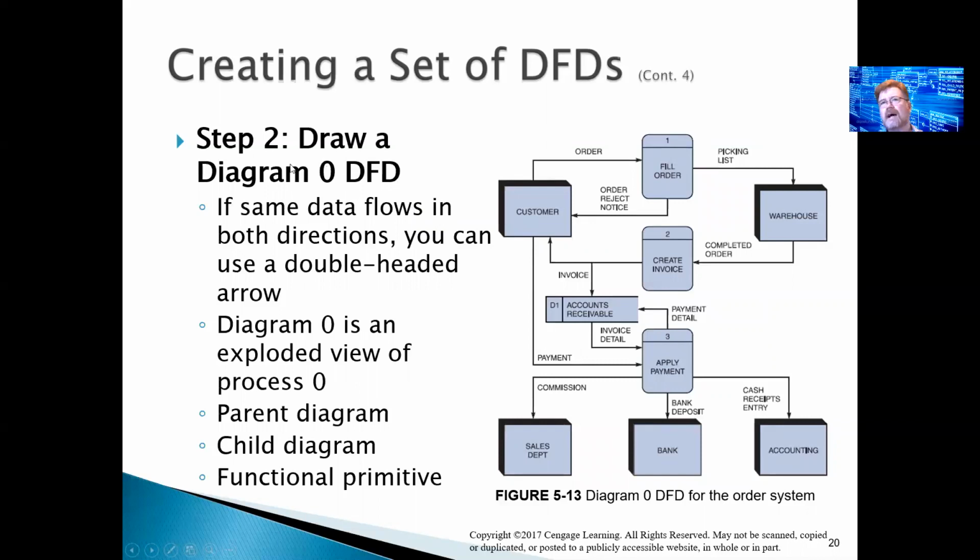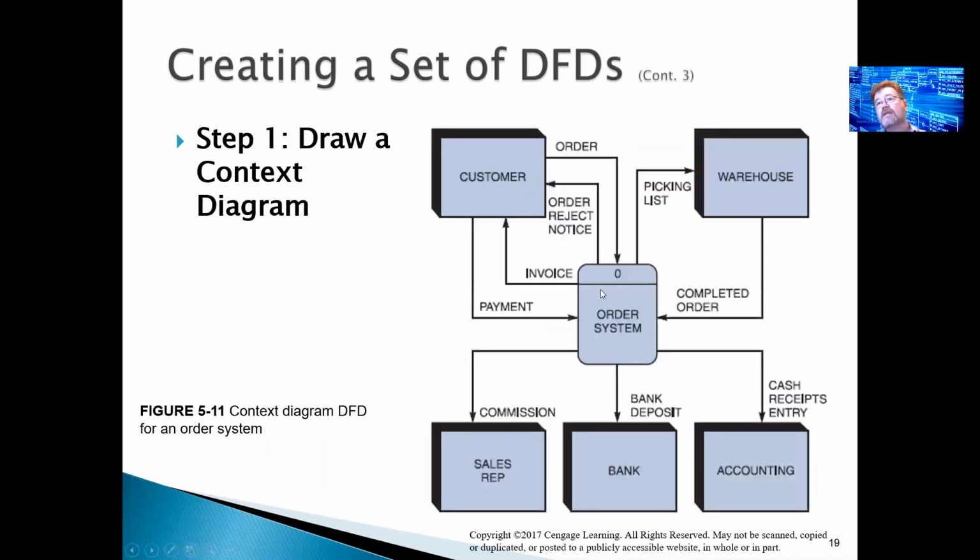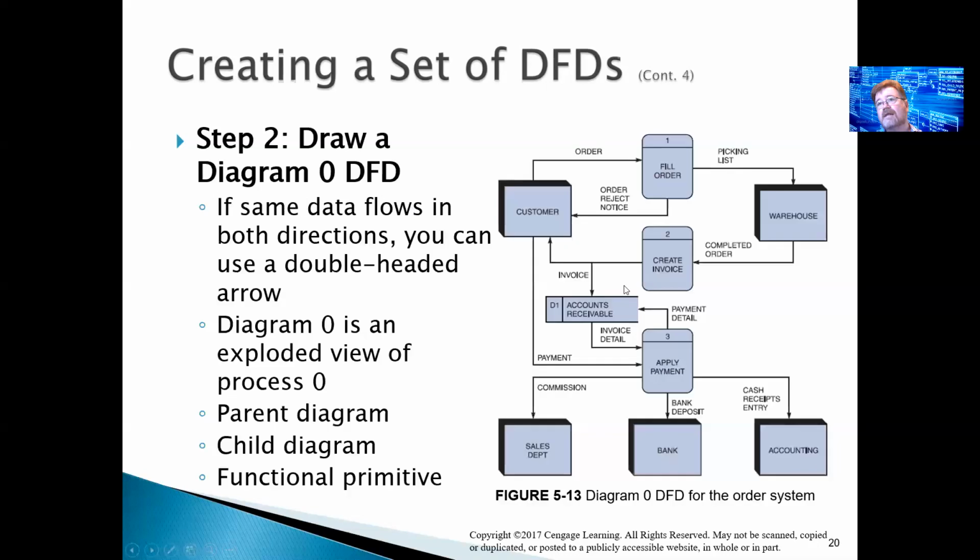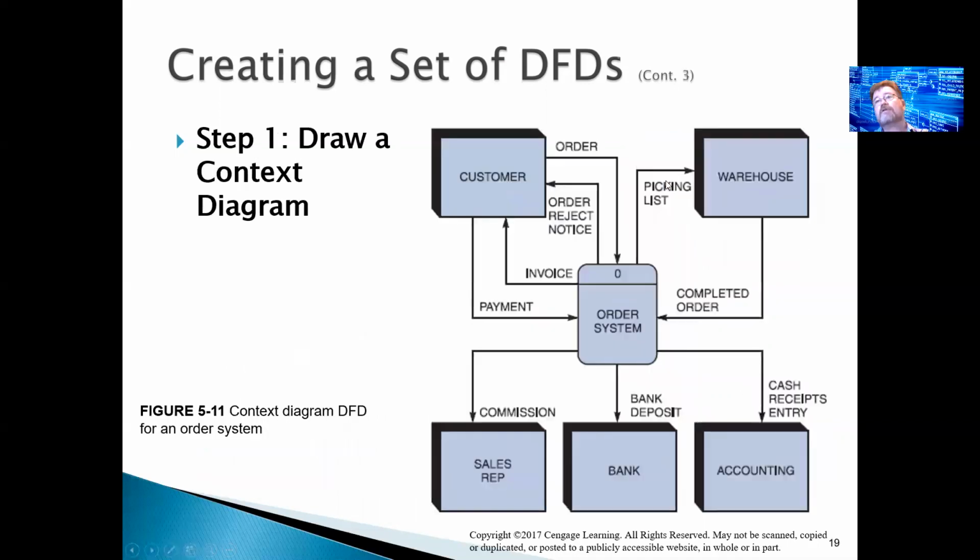Now this is called a diagram 0 because what you've done is you've taken the 0 process and you've exploded it to all the things that will be in that level 0. So first thing you're going to note is that the entities should be the same at this level, right? So we should see a customer, warehouse, accounting, bank, and sales rep.